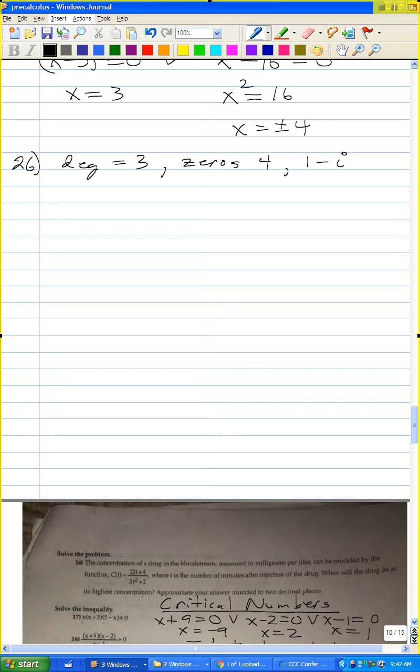Well, since the coefficients of the polynomial are real, then I know that the roots come in conjugate pairs. And so the conjugate of 1 minus i is 1 plus i. And so I now have 3 zeros. It said find the remaining zeros. Then that's it. That is the remaining zero, 1 plus i. Any questions about that?